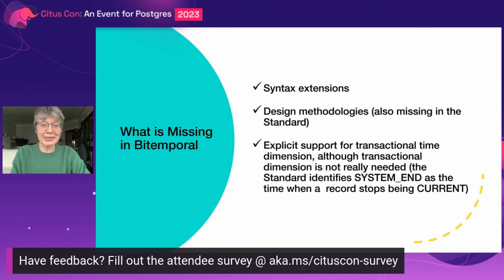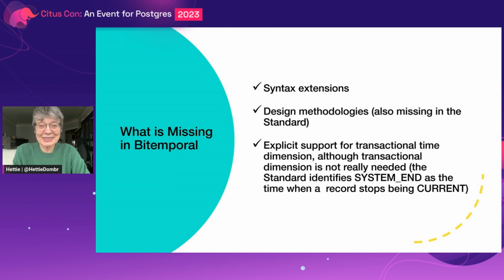And finally, what is missing in a temporal model? Mostly syntax extensions. I know that the user-defined functions are ugly, so people are reluctant to use them, because you need to write too much, it does not look pretty, and it's difficult to embed into applications. Design methodologies are not defined, by the way, neither in the standard nor in bitemporal, because the question of what should be considered application time, what is effective, what is asserted, is a design concept, and it's not always easy to identify.